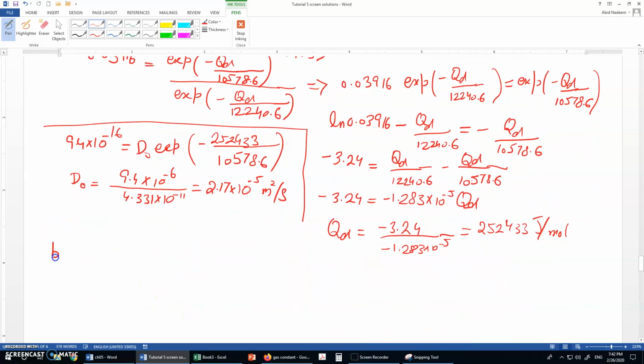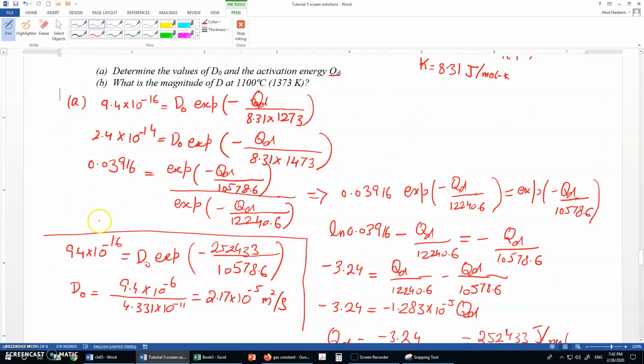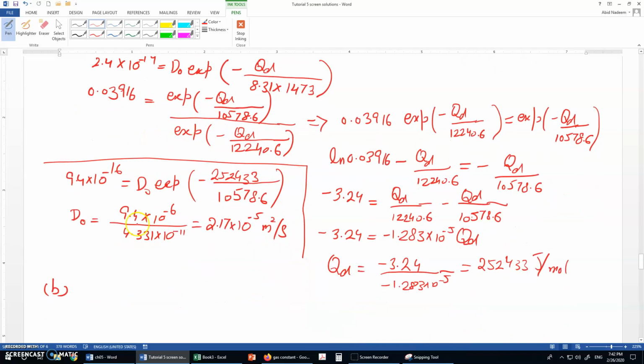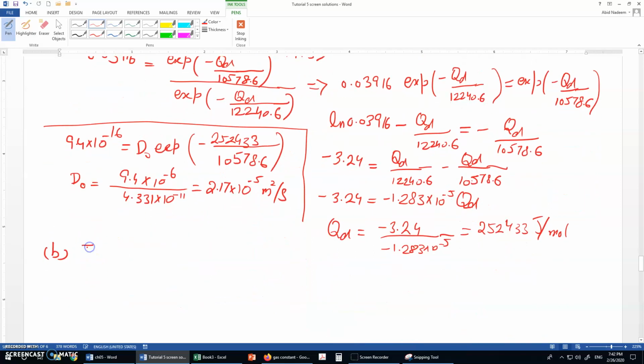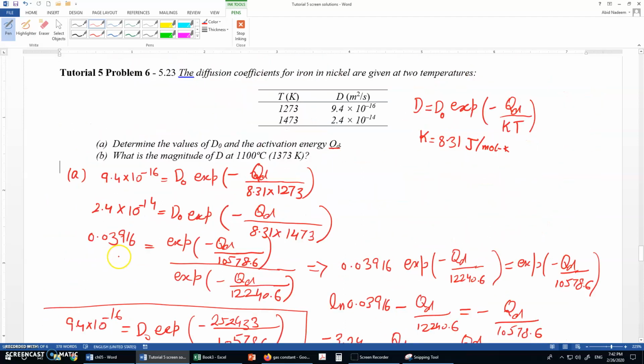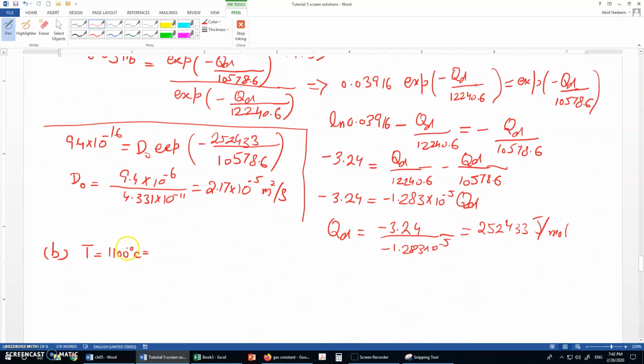For part B, now we have been given the temperature as 1100 degrees centigrade, which is equal to 1373 Kelvin.